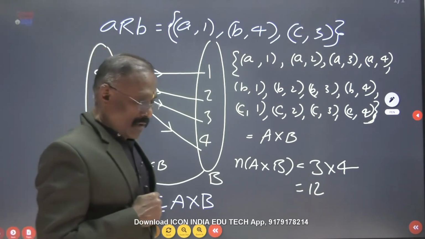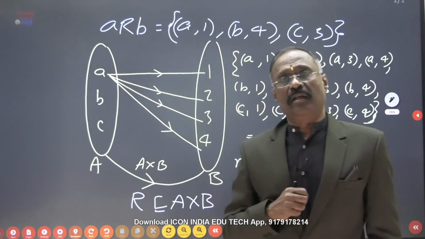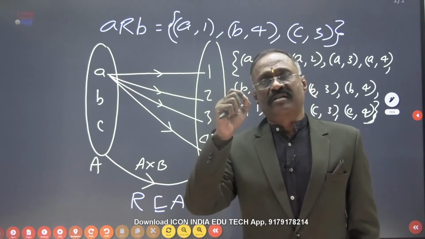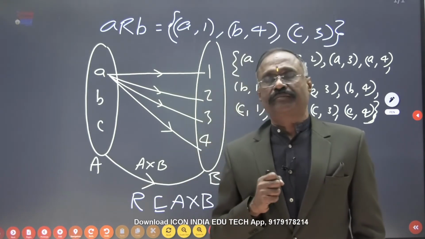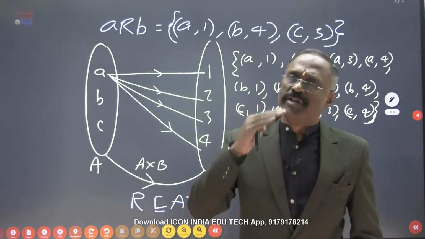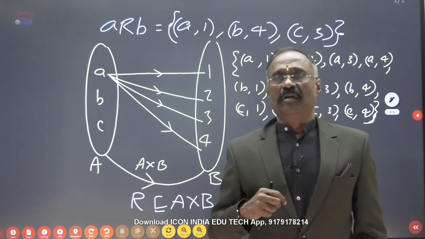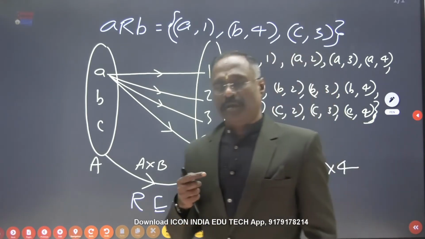Now, after understanding the relation, what exactly is it again? It is the subset of A cross B. Now, you will be understanding different types of relations. Obviously, satisfying the definition, you will have different types of relation.